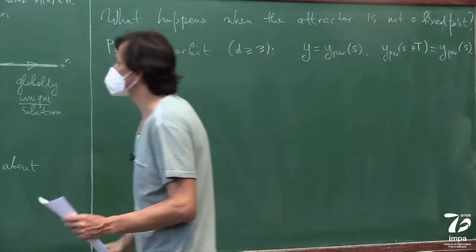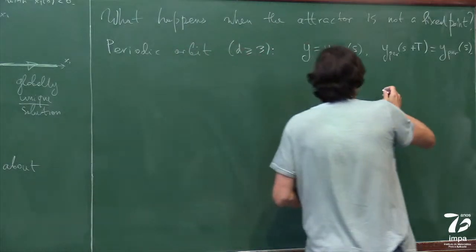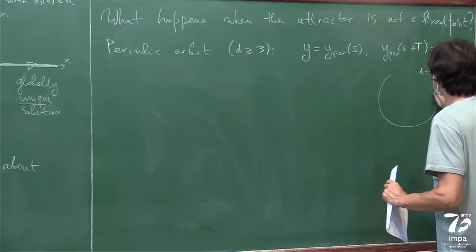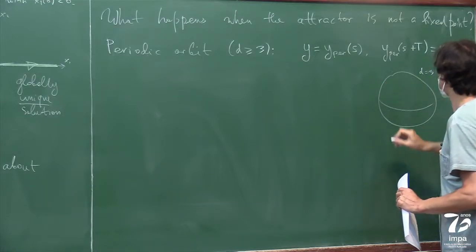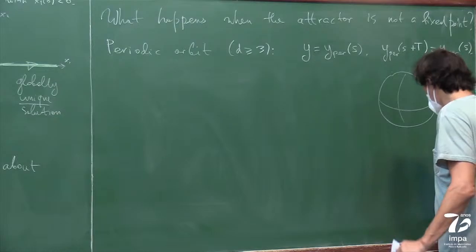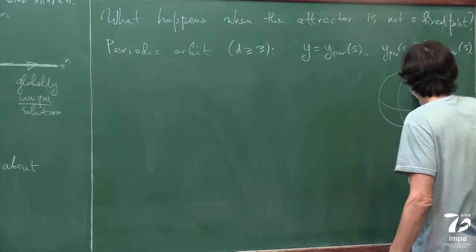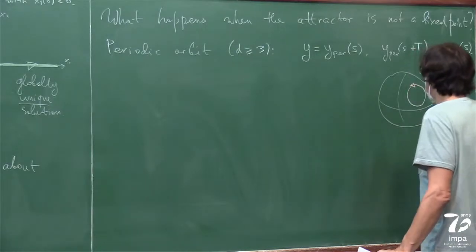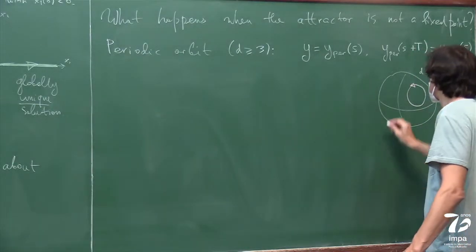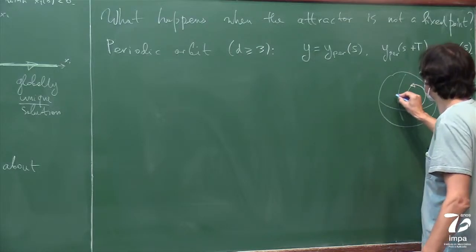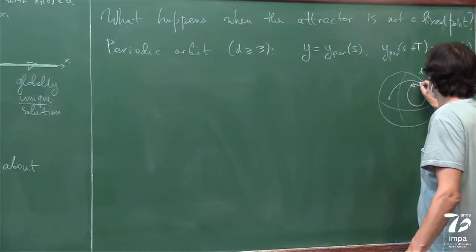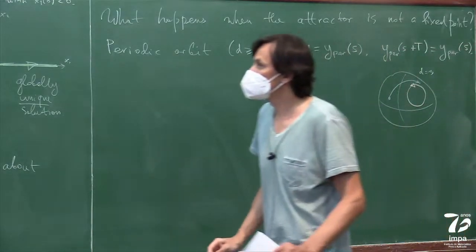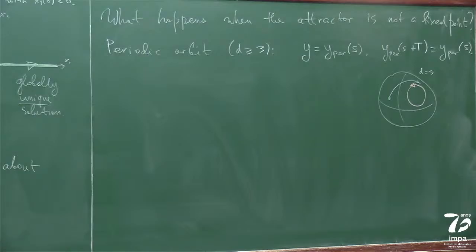So if we now have dimension 3, for example, then we have a sphere, and there is some periodic orbit on the sphere of this equation. Whatever solution you choose in some neighborhood, it will approach this periodic solution asymptotically. So what will be the post-blow-up dynamics? What will be the dynamics here?